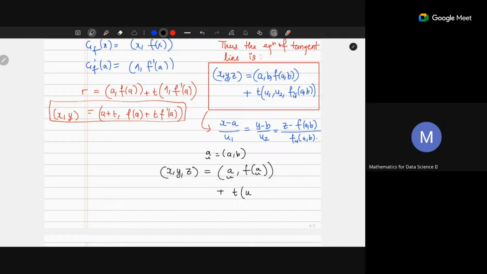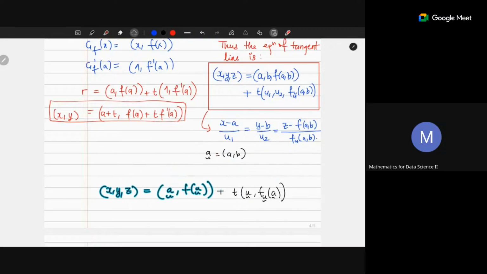Similarly, (u1, u2) is the vector u, and the directional derivative can be written like this. Okay. So the expression becomes this. On the left hand side, let me write the vector x tilde.